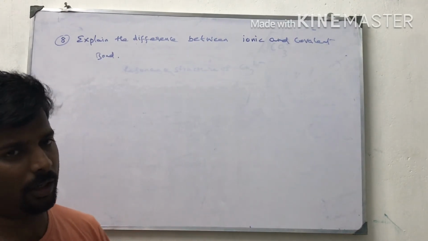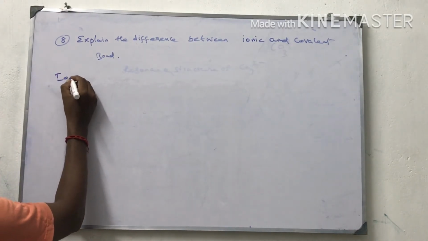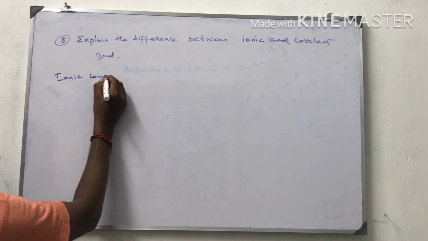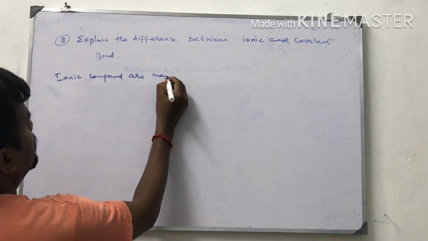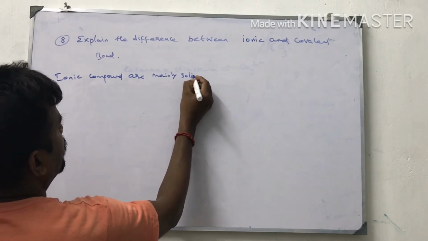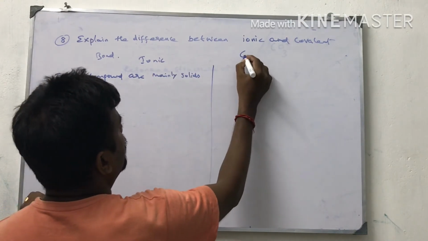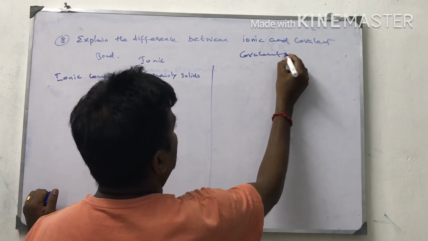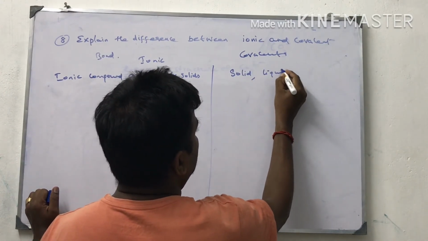Ionic compounds are mainly solids. Covalent compounds are solid, liquid and gas.